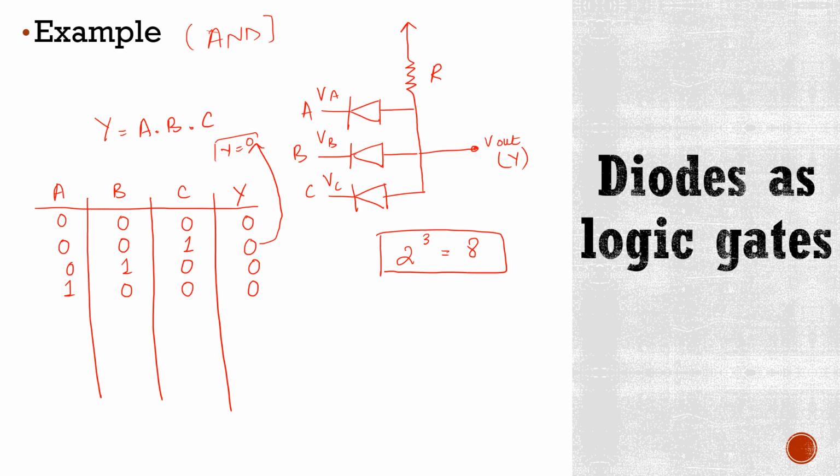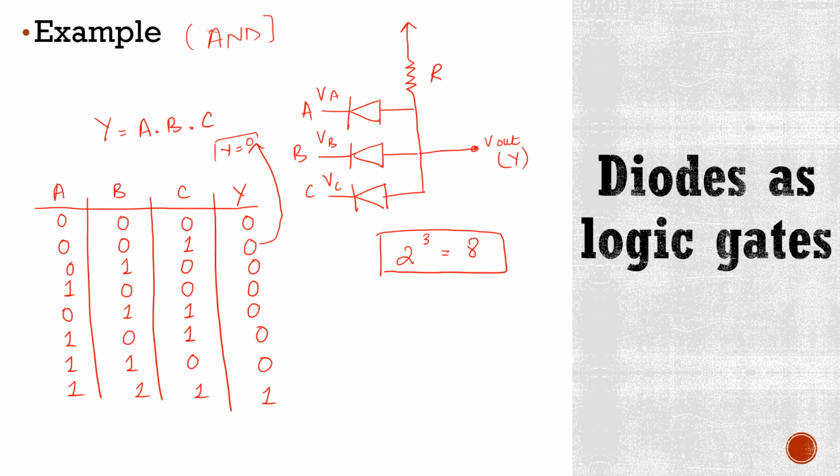If inputs B and C are on, A is off, then again output is off. If inputs A and C are on, B is off, then output is off. If inputs A and B are on, C is off, then output is off. And if all inputs are on, then output is on.